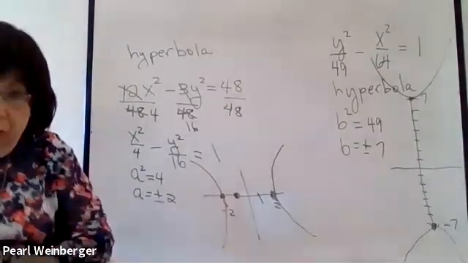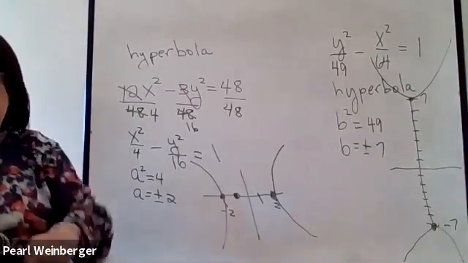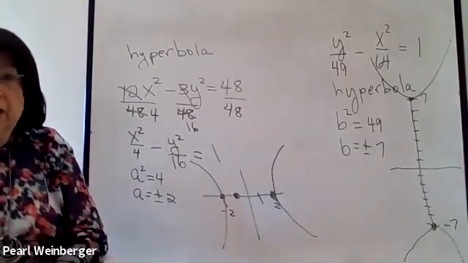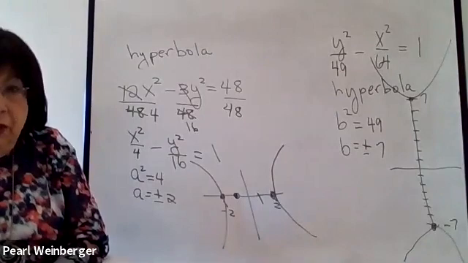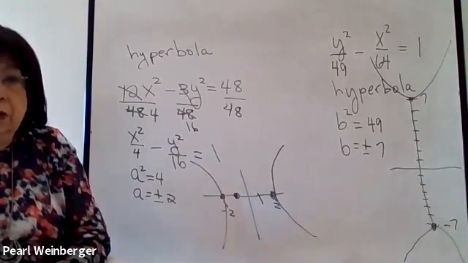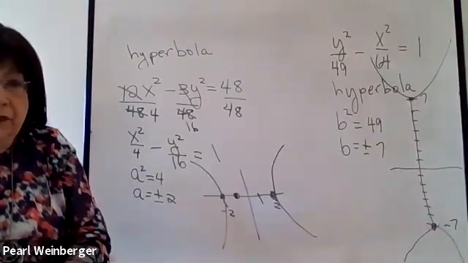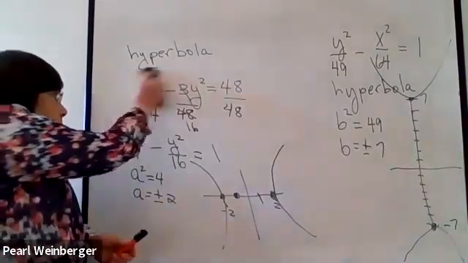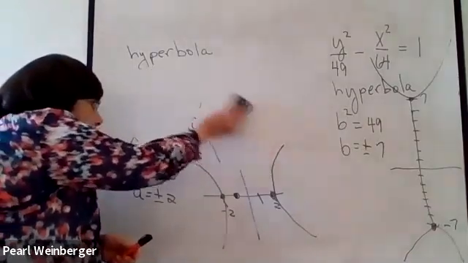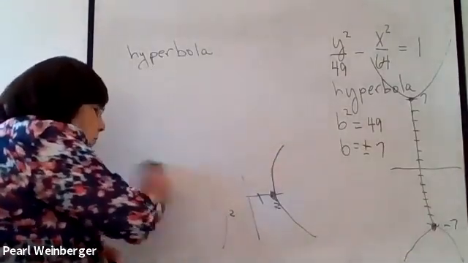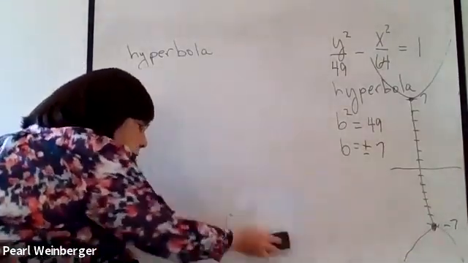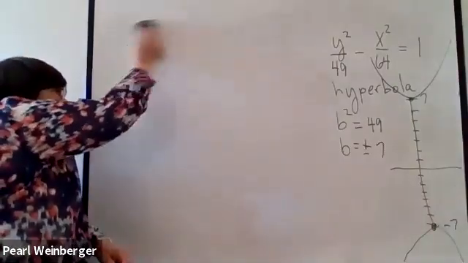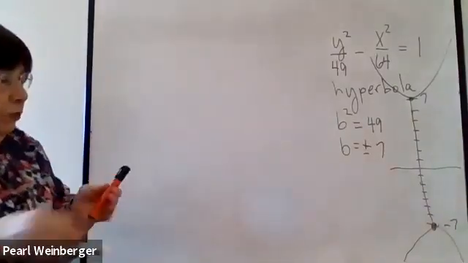So what I'm going to do now, because we still have about 20 minutes to class, is start talking about the last type of conic section. And that's something called a parabola.